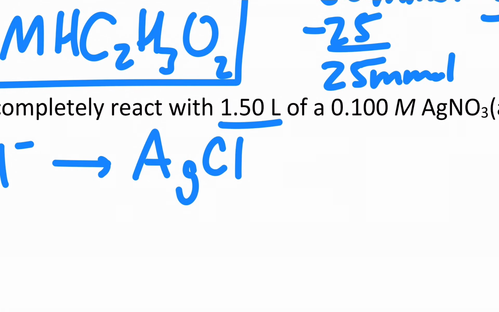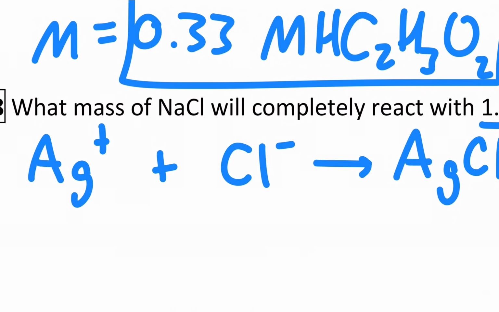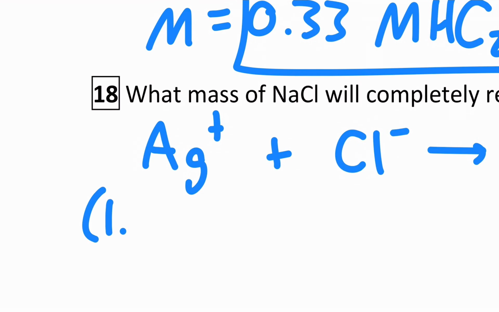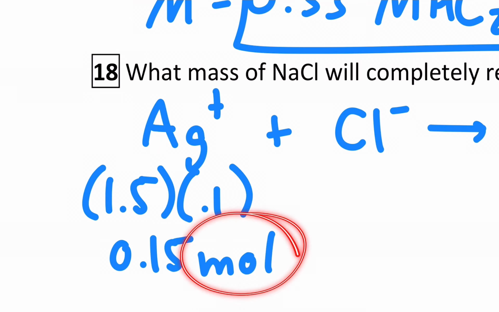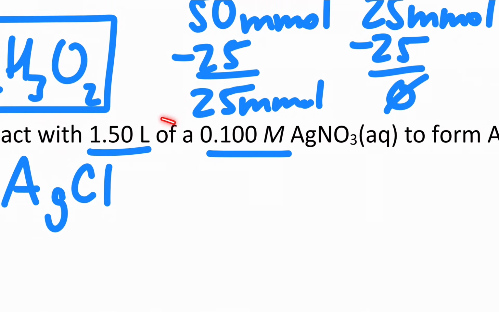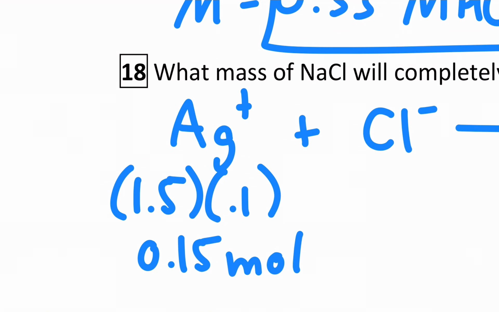They give me a volume and a molarity of silver, 1.5 times 0.1. So that's actually 0.15 moles. Notice this is just moles, not millimoles, because this was liters, not milliliters. So I have 0.15 moles, and it's a 1-to-1 ratio.